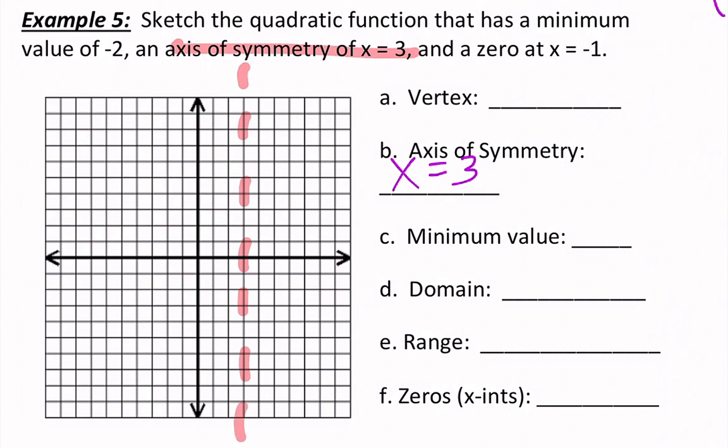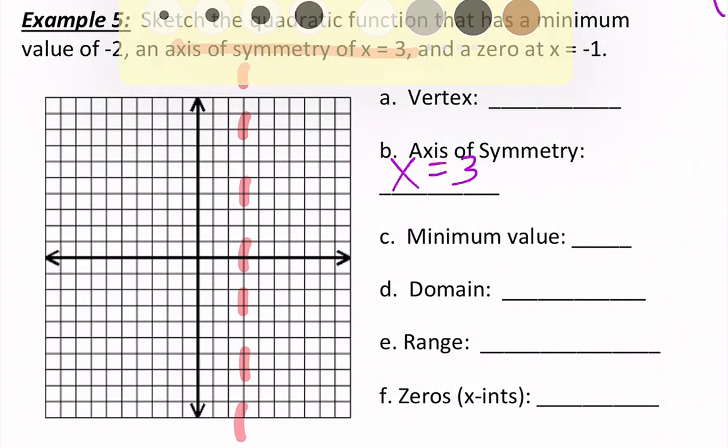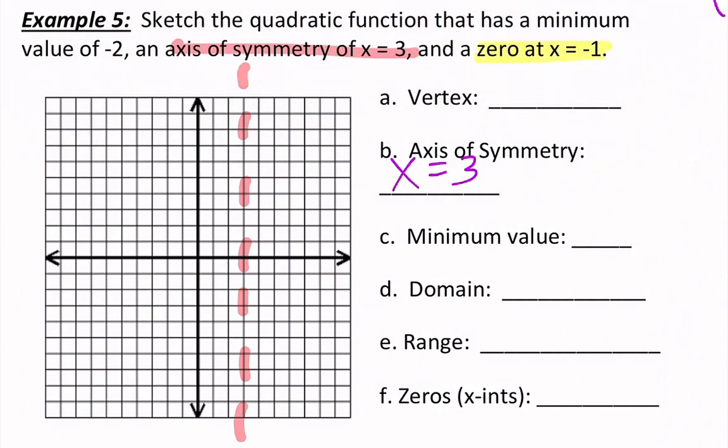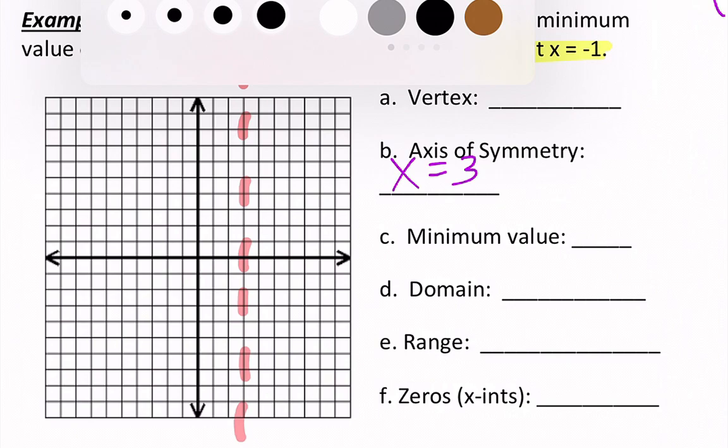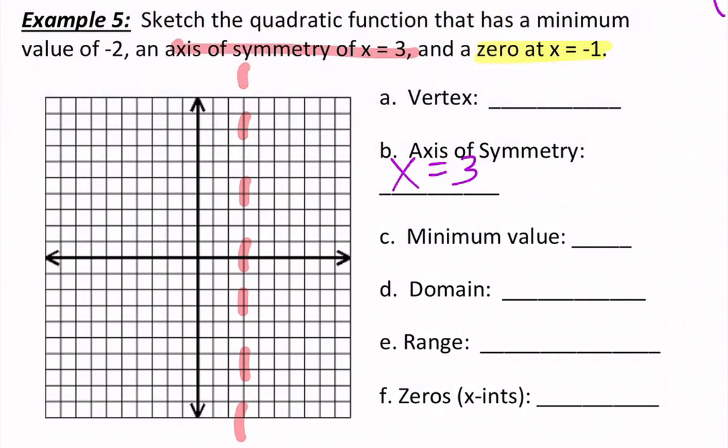Another piece of information it gives me is that I have a 0 at x is -1. So I know that means it's going to cross the x-axis at -1. So on the x-axis, go to -1 and put a point. So one of my zeros is -1. And I'm about to find the other one.